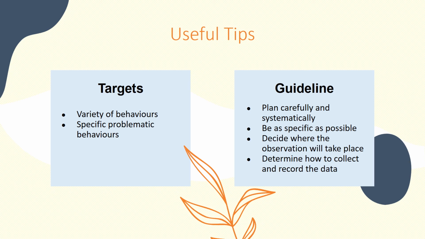The second tip relates to guidelines. When observing behaviors in a naturalistic setting, consider these general guidelines. Plan carefully and systematically: determine which behavior will be observed, where the observation will take place, and how the behaviors will be recorded. In defining the behavior or behaviors that will be observed, be as specific as possible.